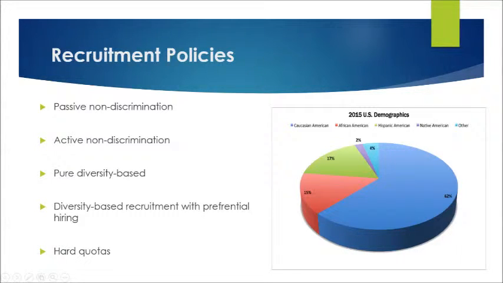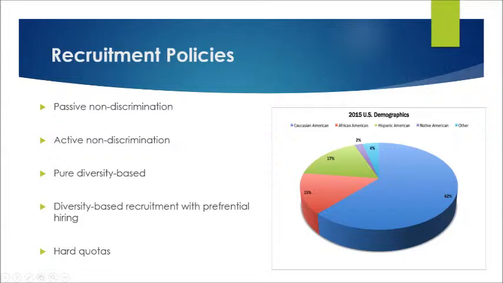So as we can see from the graph below, this is a graph of 2015 U.S. demographics, and this focuses on the American workforce. So right now, 62% of Caucasian Americans account for the workforce, 15% African American, 17% Hispanic American, 2% Native American, and 4% other. So right there we can see that the American workforce is disproportionate.